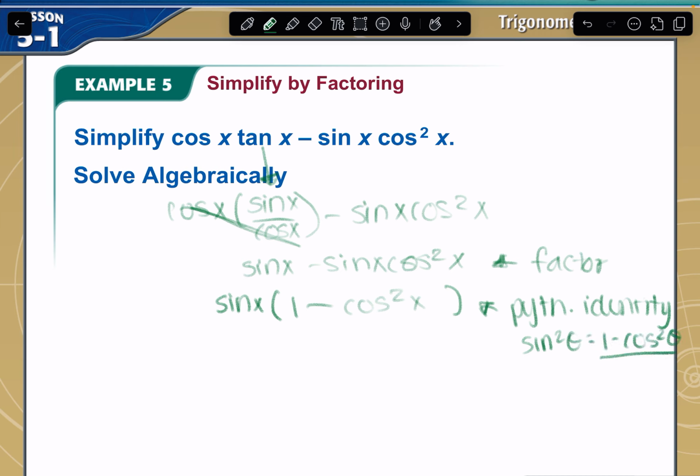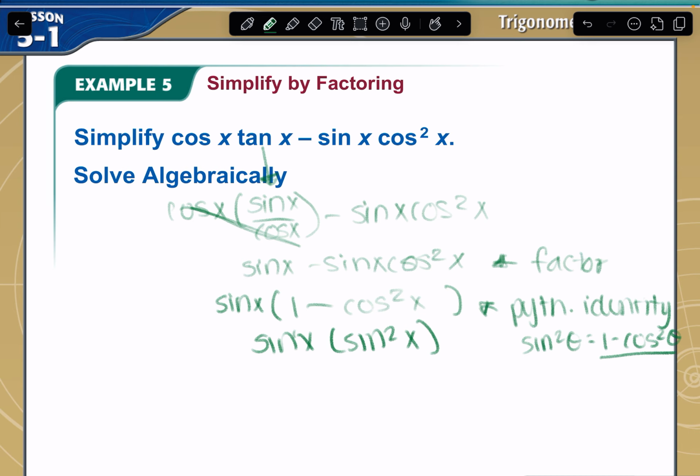So the 1 minus cosine squared is what I have. I'm going to replace my 1 minus cosine squared with sine squared. So from here, I now have sine times sine squared x.